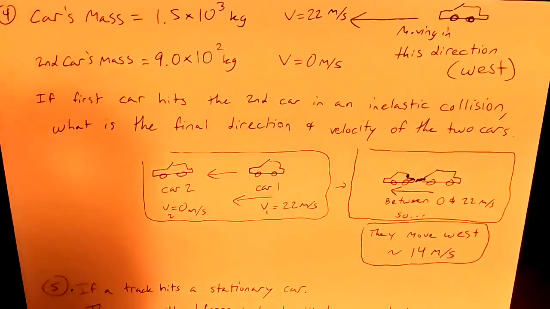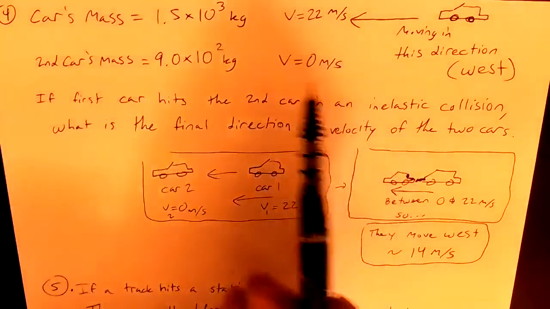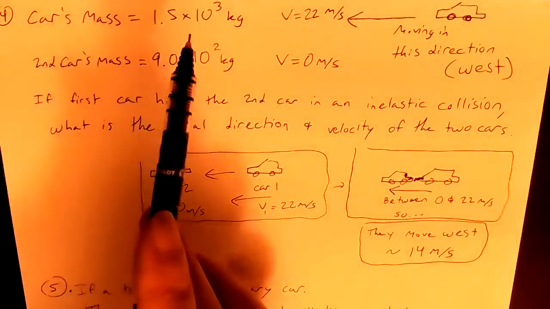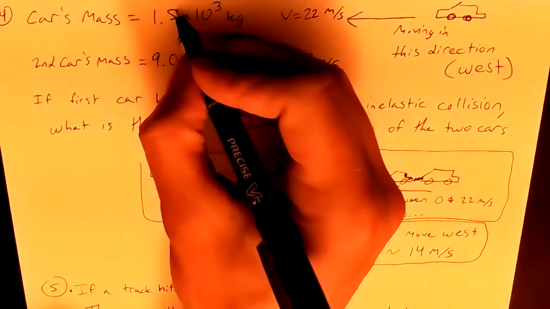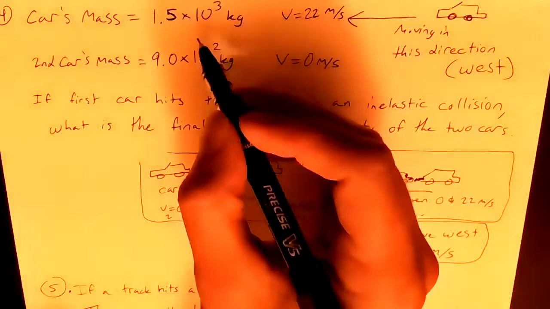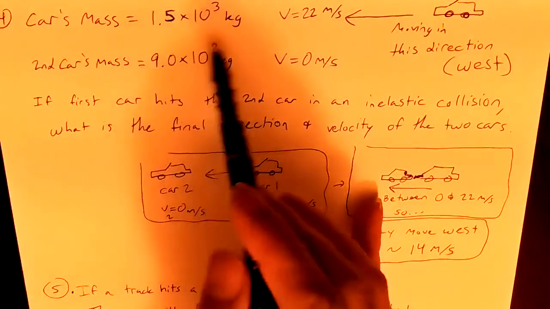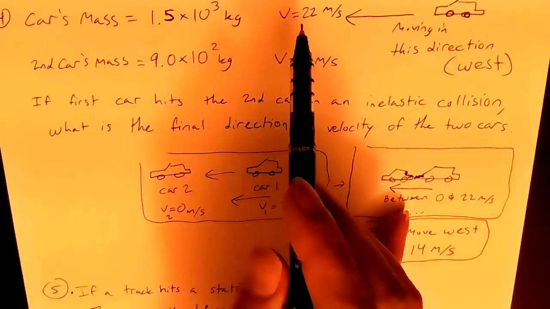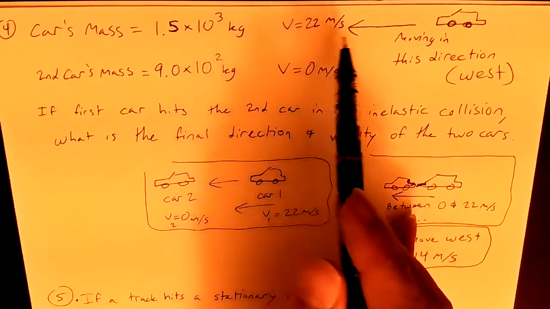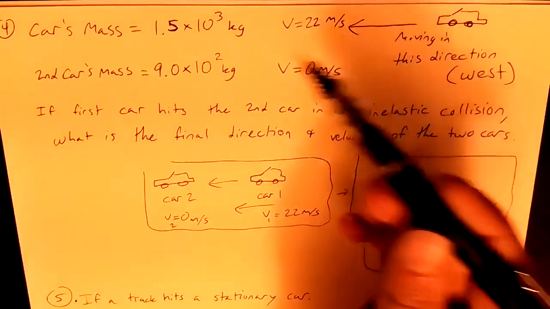In the next problem, we're talking about cars colliding. So we have car 1 with mass 1.5 times 10 to the third power kilograms, and it was going at a velocity of 22 meters per second, moving in the west direction.